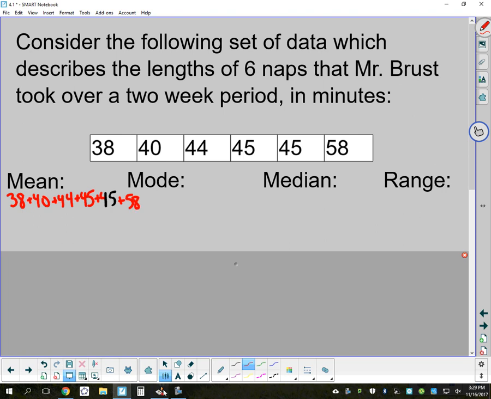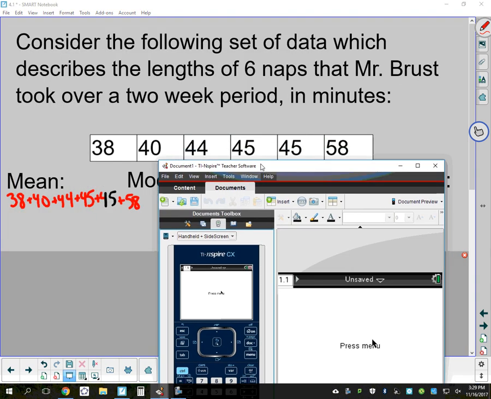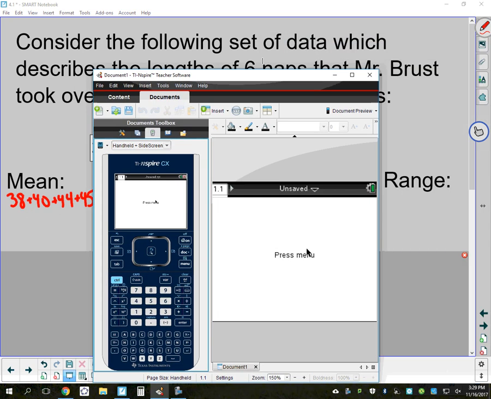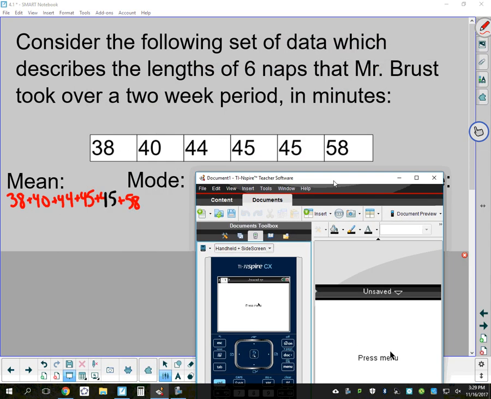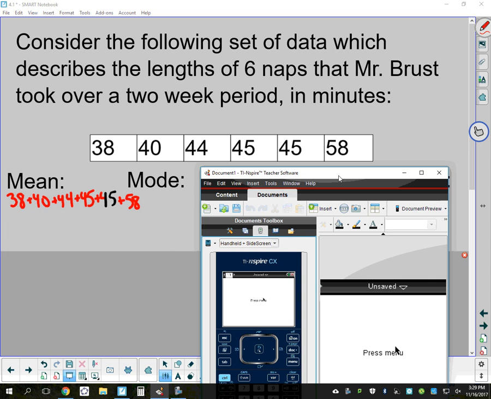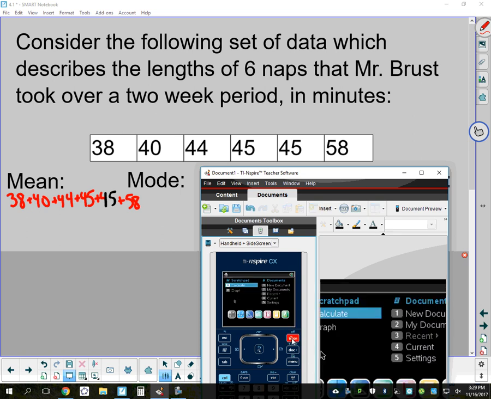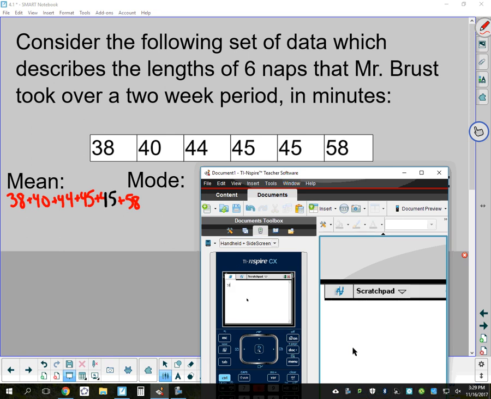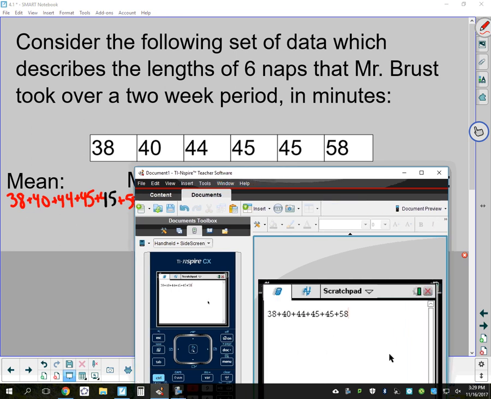So I would just pull out my calculator and add up those numbers. Let me make this a little smaller. Let's get on my calculator screen. 38, 40, 44, 45, 45, and 58. Hit enter.